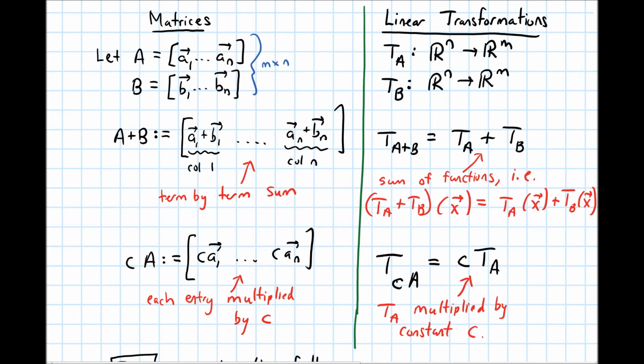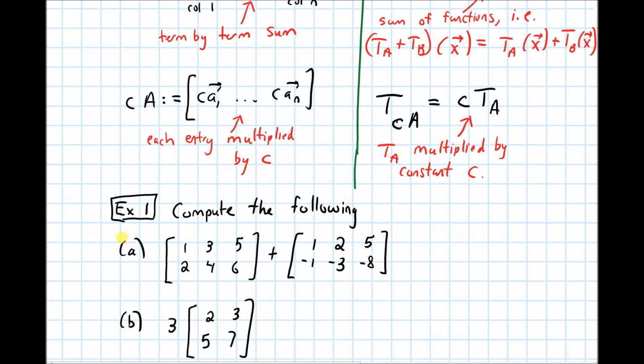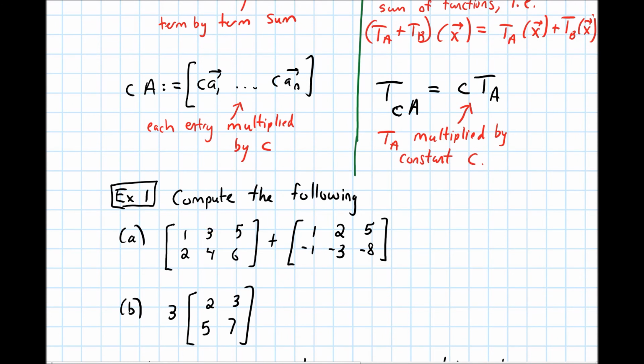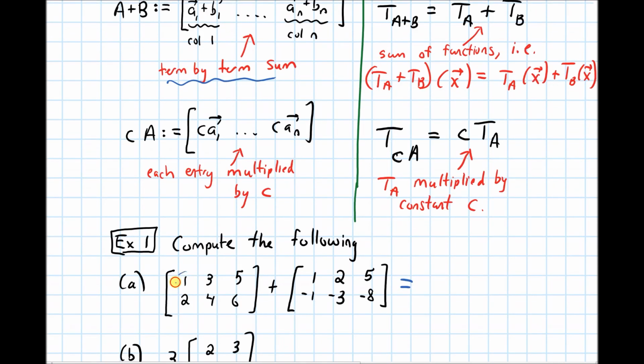I know this seems kind of abstract right now, but let's do an example, and it's actually pretty easy. Let's compute the following. In part A, I have these two matrices, and I want to add them together. To add two matrices together, we just do a term-by-term sum. I take the entry in the first row, first column here and the first row, first column there, and add those together, and I get 2.